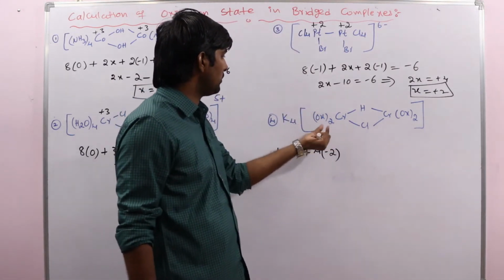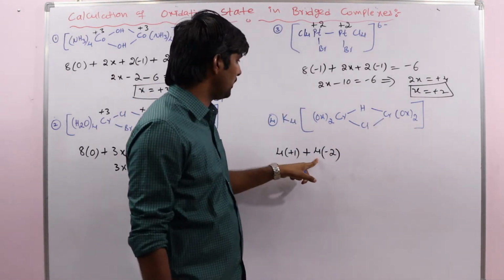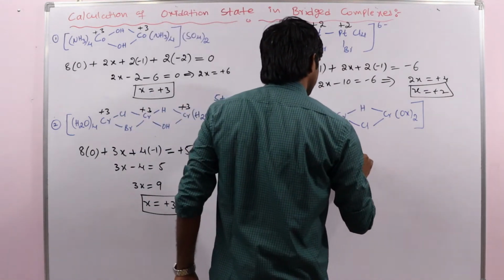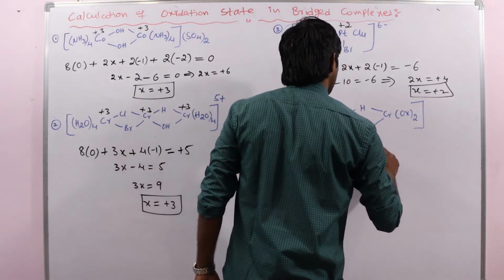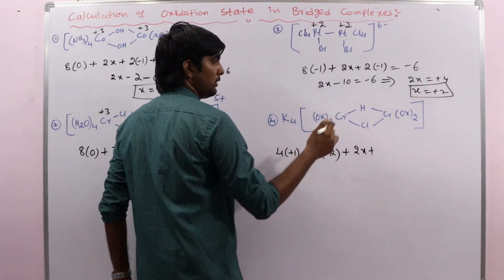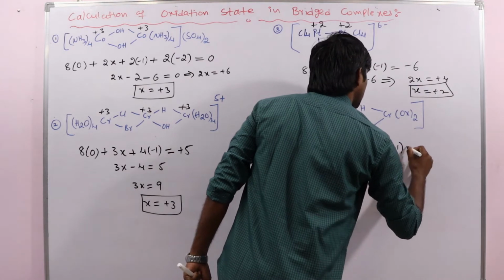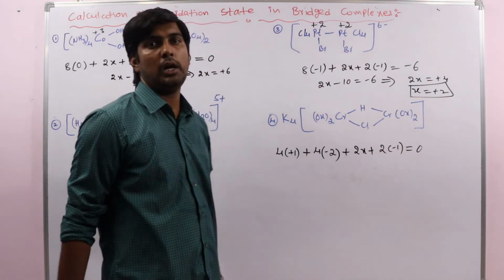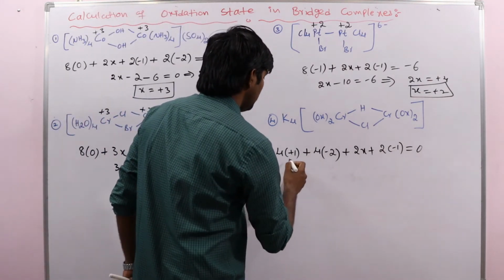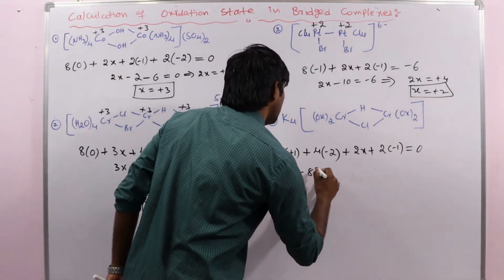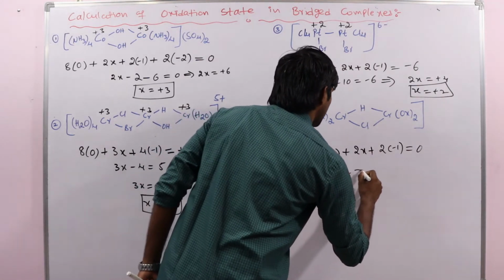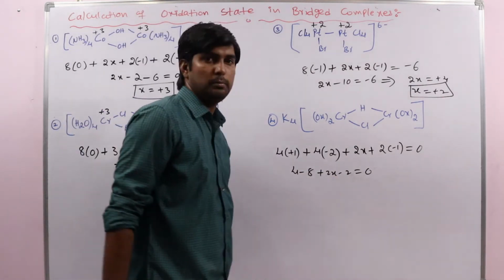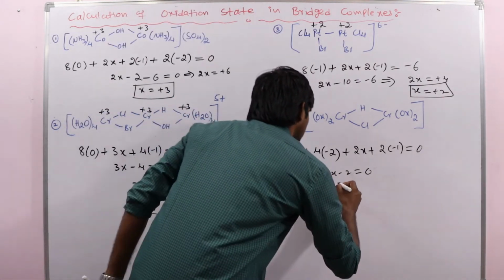Here 2 oxalato, here 2 oxalato, total 4, each oxalato carries -2 charge, plus 2 chromium, so 2x, plus hydrido and chlorido, so 2 into -1, that is equal to 0, because everything is equal to 0. So 4 minus 8 plus 2x minus 2 equal to 0. So -8 minus 2 is -10, plus 4, how much? -6.